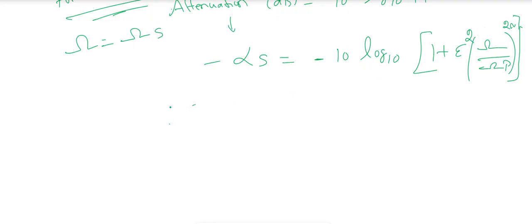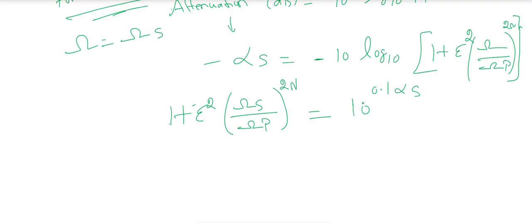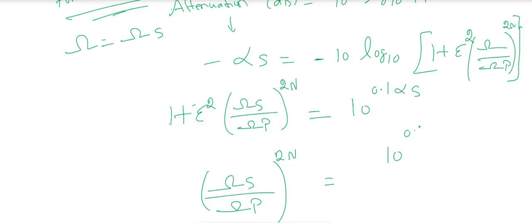So you can write 1 plus epsilon squared omega s by omega p to the power 2n, which is equal to 10 to the power 0.1 alpha s. So now omega s by omega p to the power 2n is equal to 10 to the power 0.1 alpha s minus 1, divided by epsilon squared.